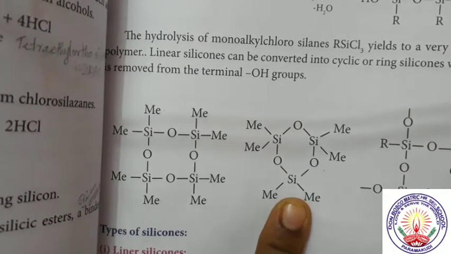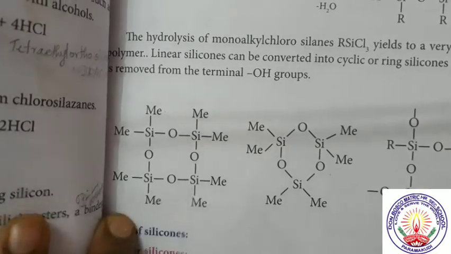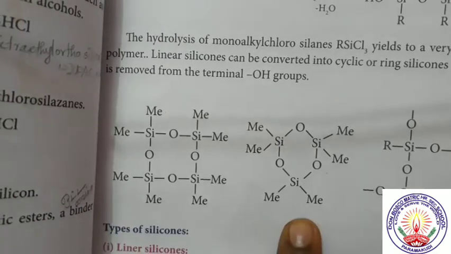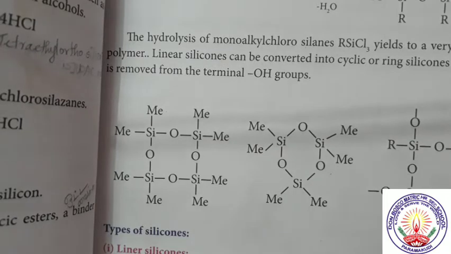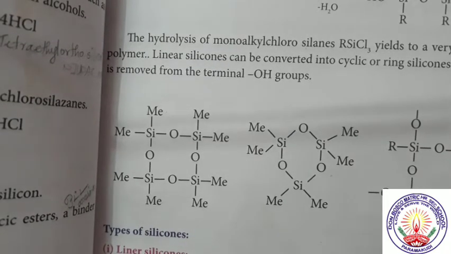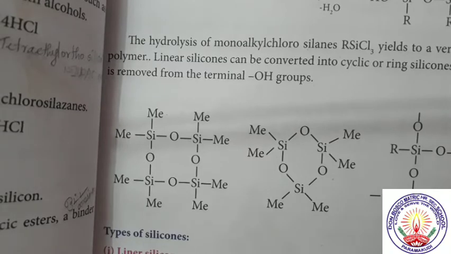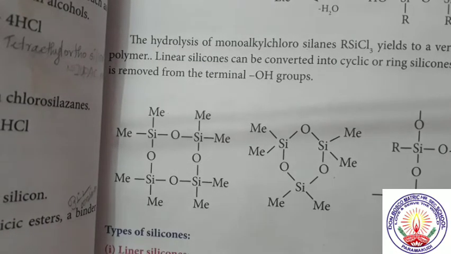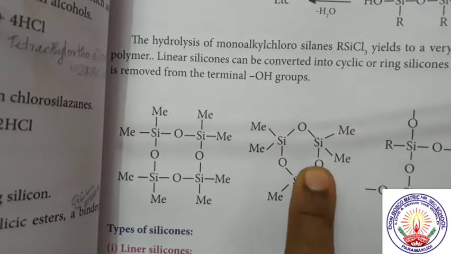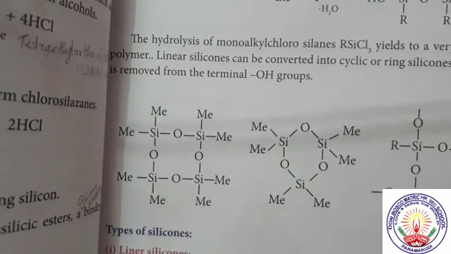So during hydrolysis we are getting linear, cyclic or ring silicones. Linear one, ring, and the complex ones.